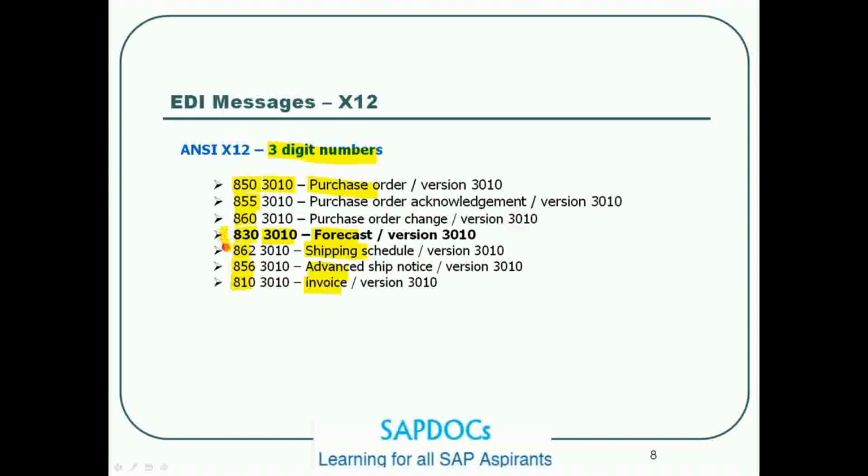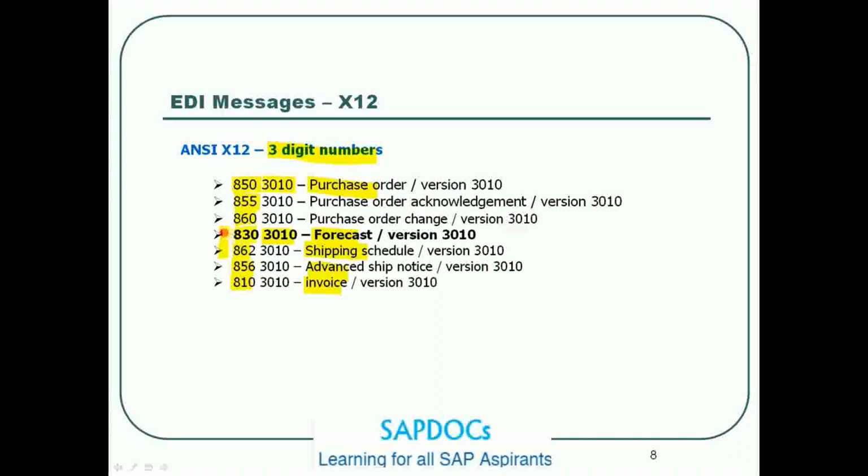830 and 862, these two messages most of the time are used in conjunction for a part or multiple parts that you have an agreement with the supplier for a given time frame. So let's say for 2013 you have an agreement with the supplier, you signed a contract saying that every week the supplier ships you part ABC in a certain quantity.